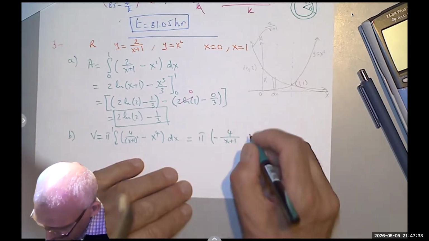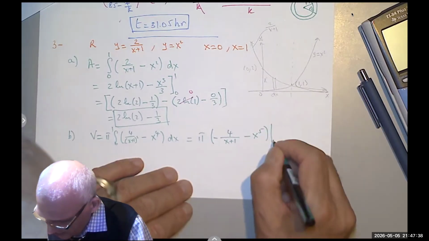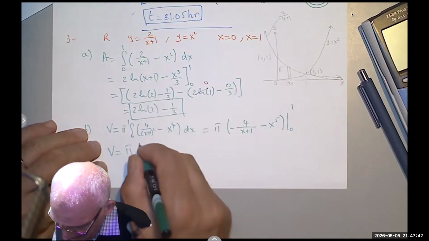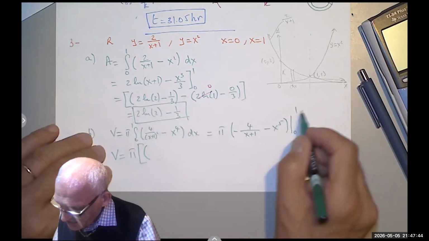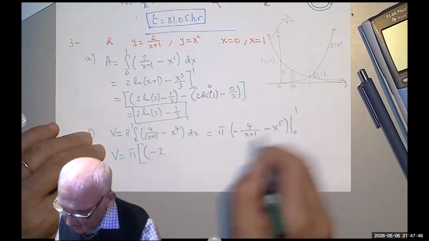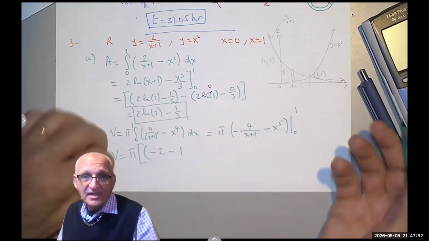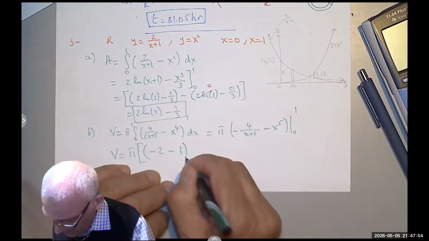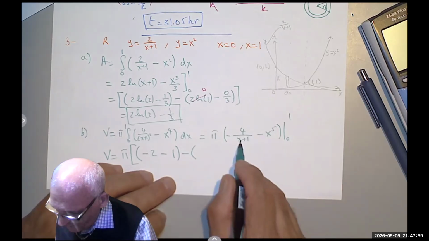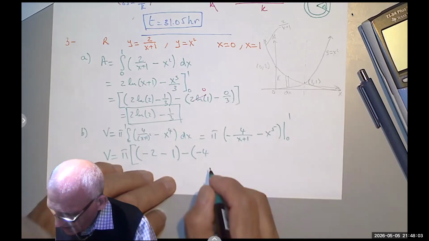Minus x to the 5th, and these are going from 0 to 1. So the volume equals pi times. When I substitute 1, I get negative 4 over 1 plus 1. Minus 1, because if x is 1, then x to the fifth is 1. Minus. When x is 0, I get 4 over 0 plus 1, which is 4 over 1, so I get negative 4, minus 0.